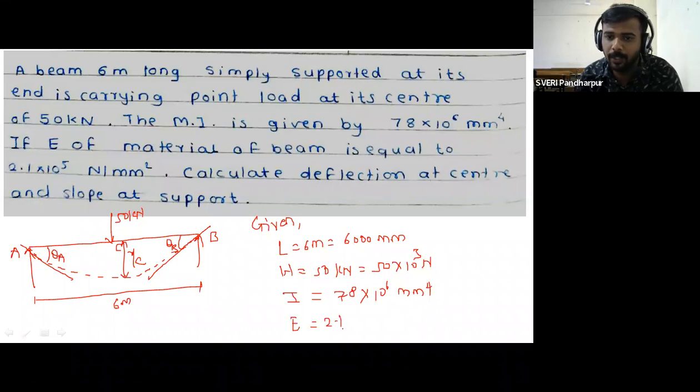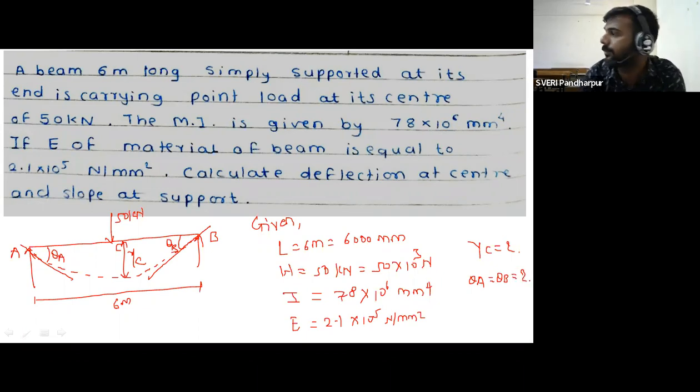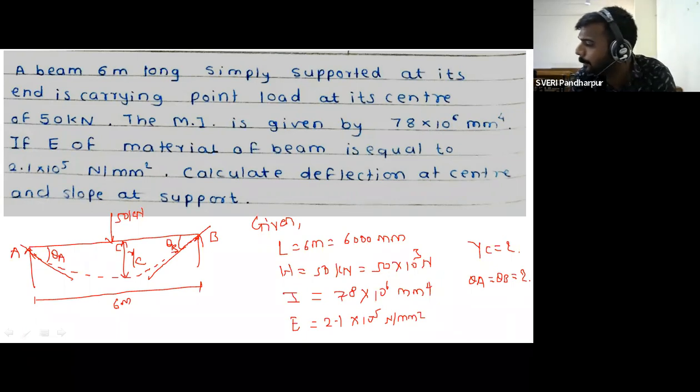E is 2.1 into 10 raised to 5 Newton per mm square. Calculate deflection at center YC, and slope at supports, means theta A is equal to theta B, which is equal to question mark. Here also your theta A is equal to theta B, because the point load is at the center.